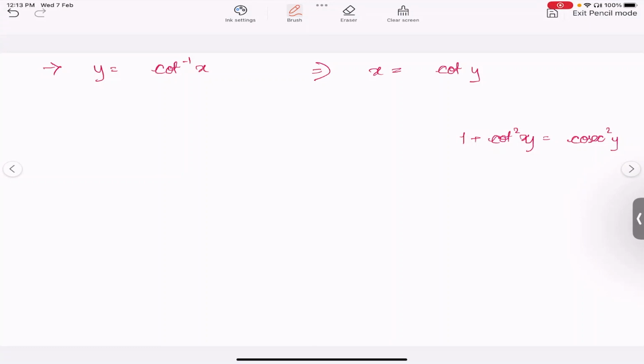So what we will do, we'll take the derivative of this 4, differentiating 4 with respect to x.